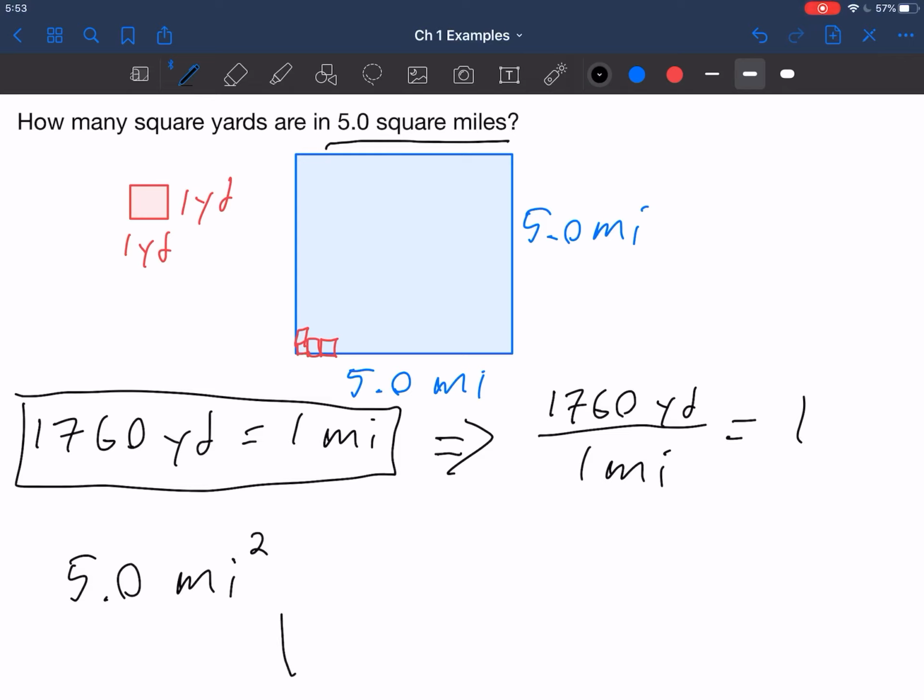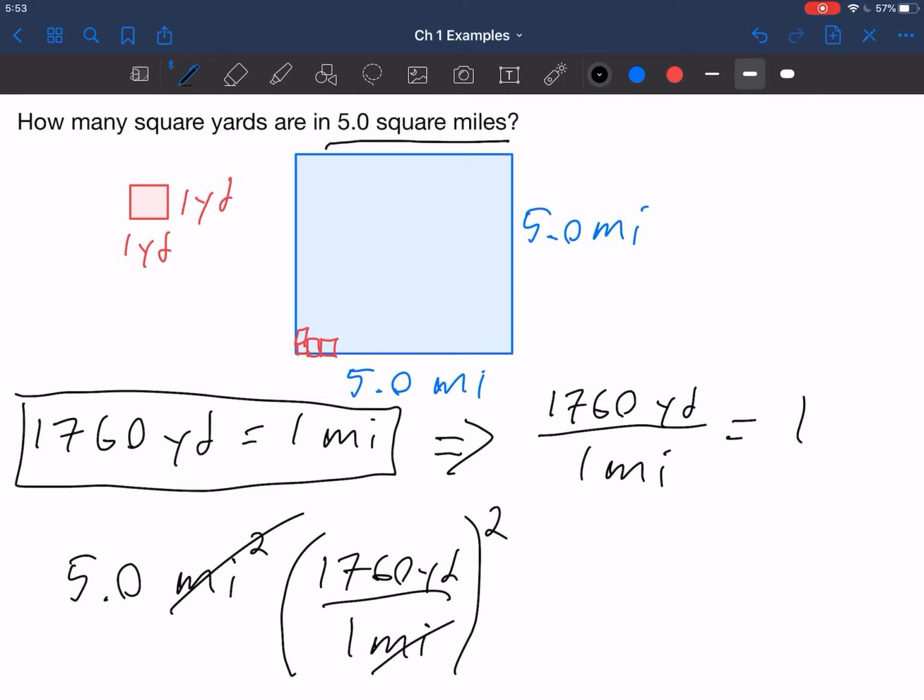So I'm going to multiply this by 1,760 yards divided by 1 mile. But I need to square this whole quantity. That's the big trick to solving this problem. I need to square this quantity so that I can cancel my miles squared with the miles squared in this ratio, which I've squared. That's the trick to this problem.